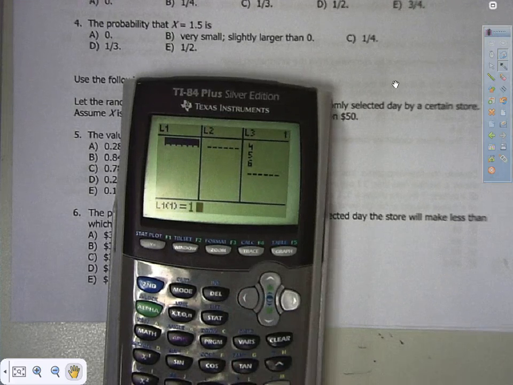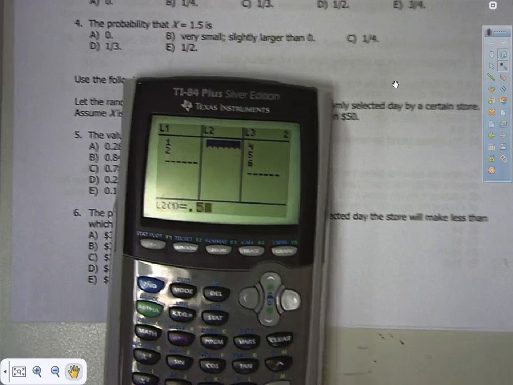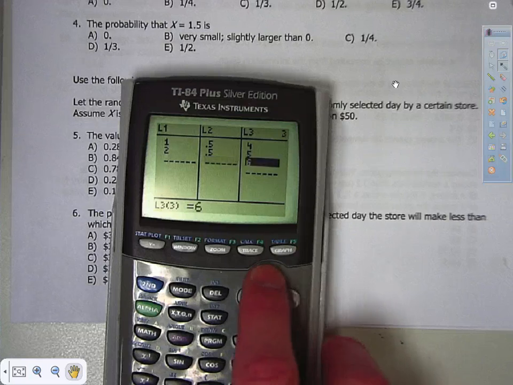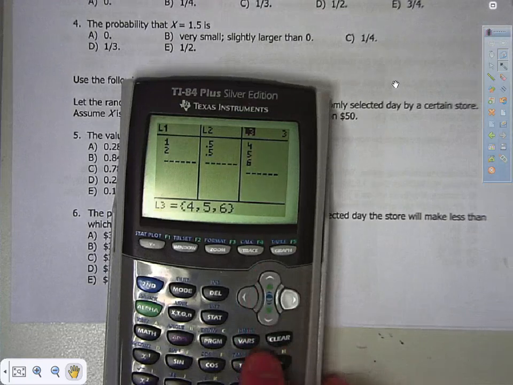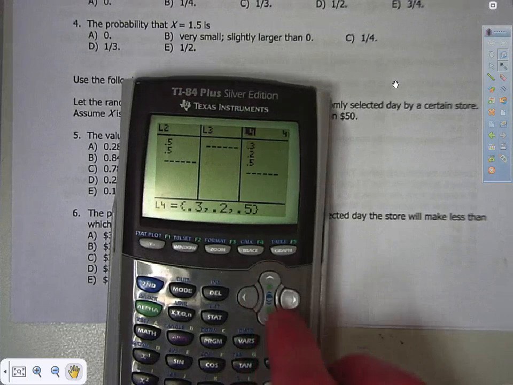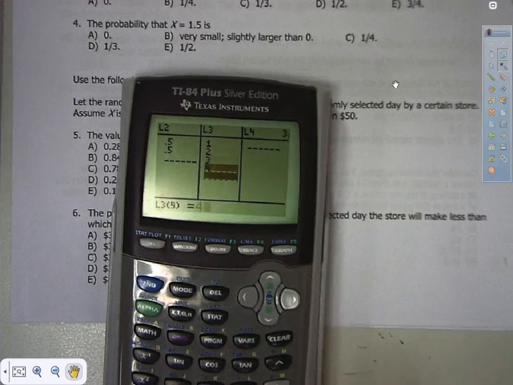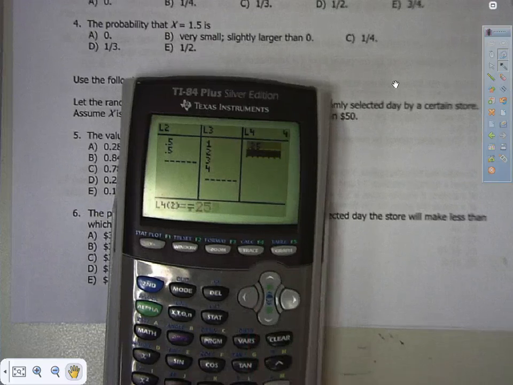On the first one, I can get either a 1 or a 2, and the probability of either one is a half. So I'm going to create my lists as such. And then the other spinner, I can get a 1, a 2, a 3, or 4, and the probability of any of those is a fourth, or 0.25.